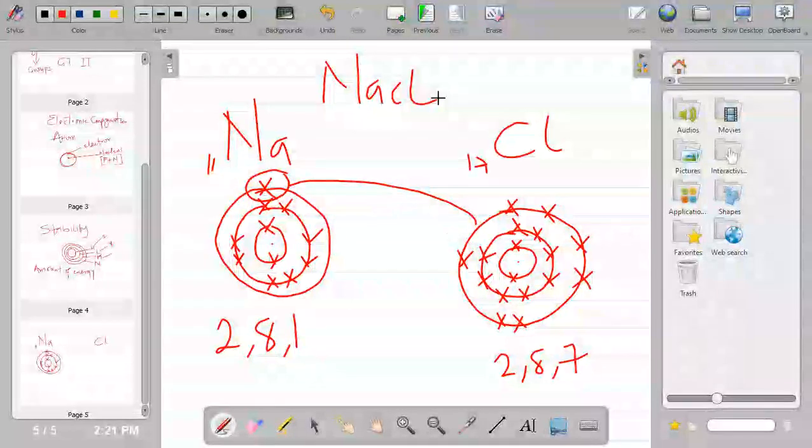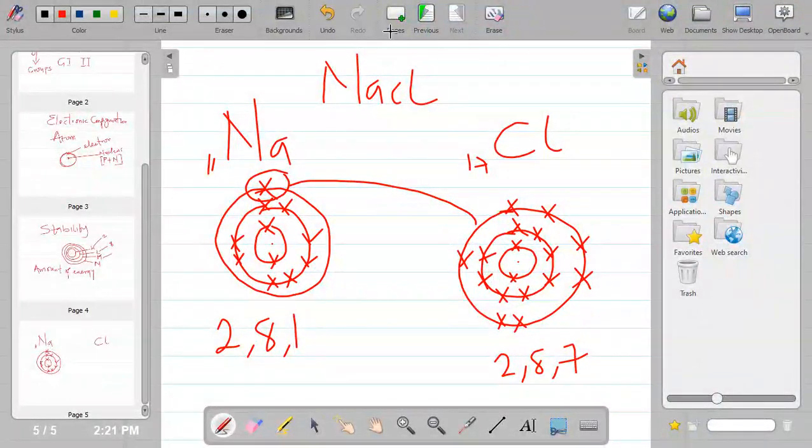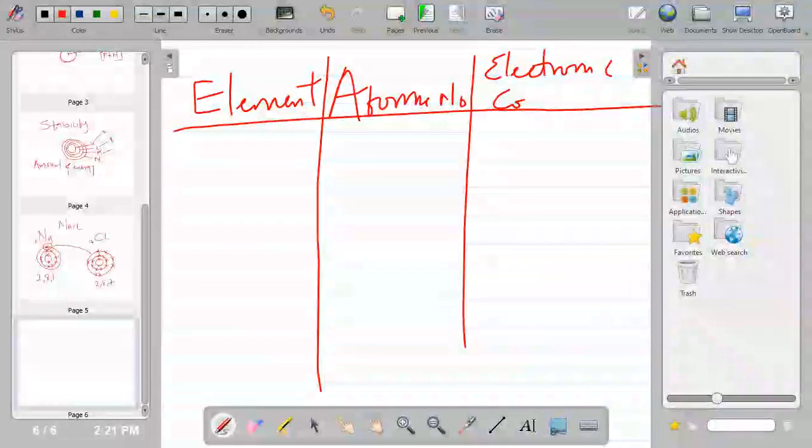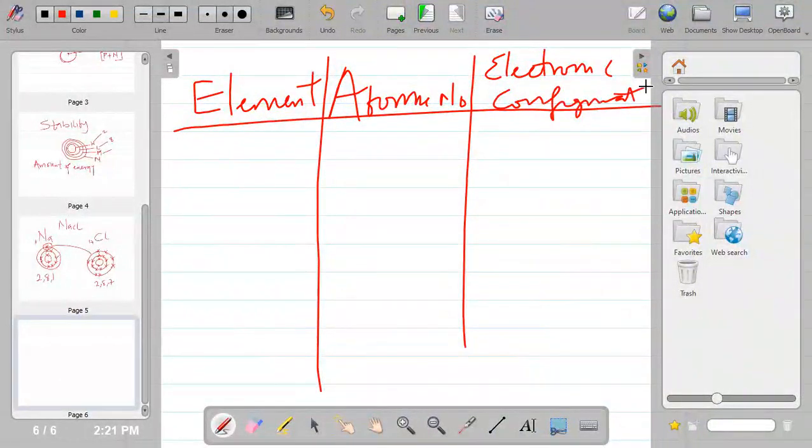Outermost electron, down to deduce the electronic configuration of the first 20 elements. So we're going to have a table of elements, with the atomic number. So our first element will be hydrogen.